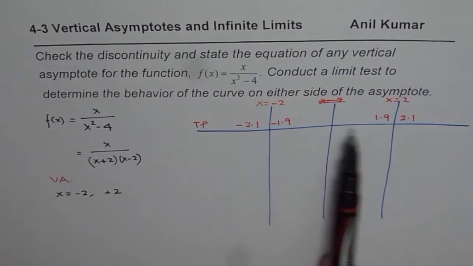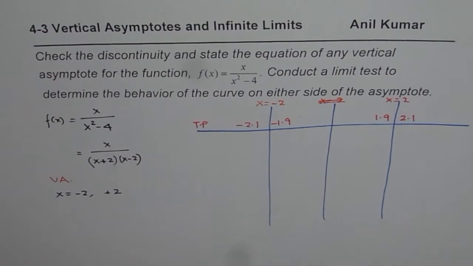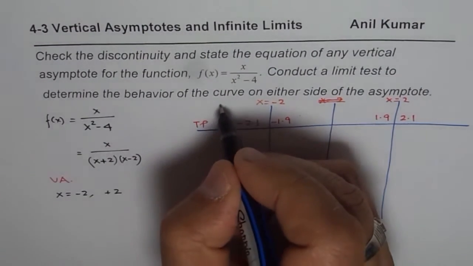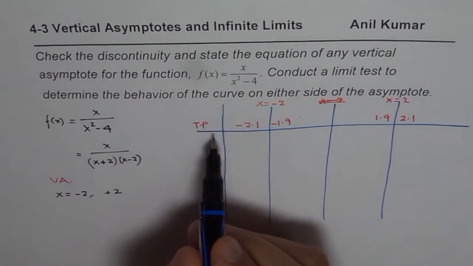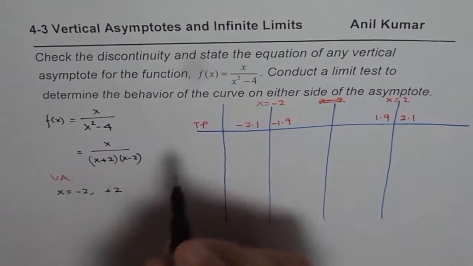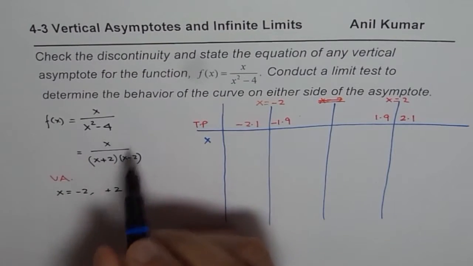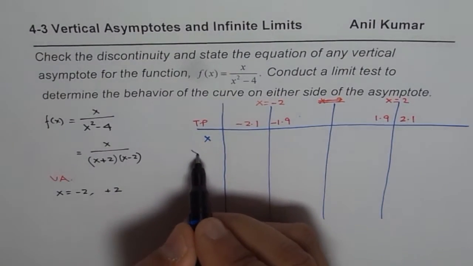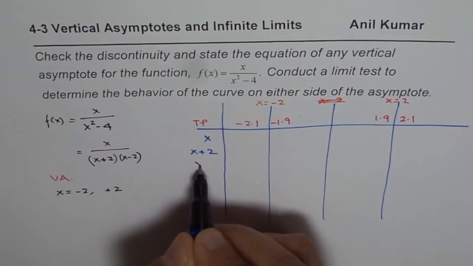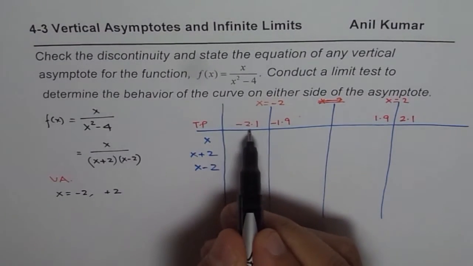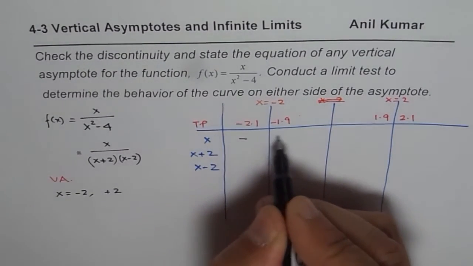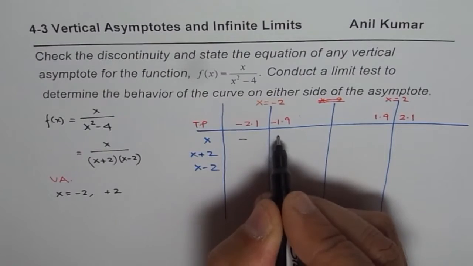Now at each test point we can check these factors. So I'm just making a table to help us find whether we have a negative sign or a positive sign, correct? So these are the test points, and the factors for us are x, and then we have x plus 2 and x minus 2. So these are the three factors. If I substitute minus 2.1 I get negative here. If I substitute negative 1.9 I get a negative value.